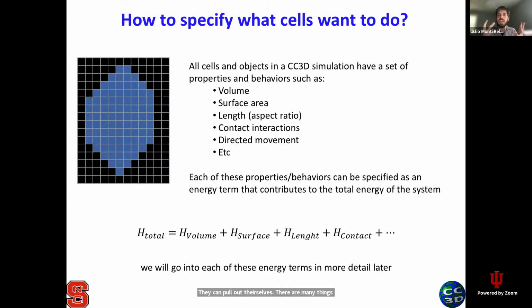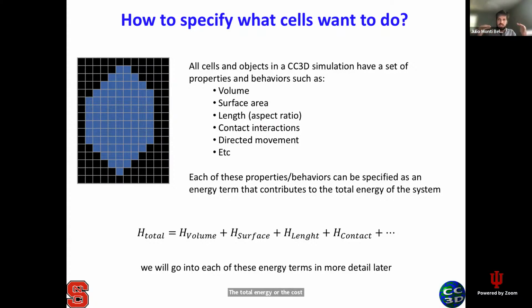And all of these behaviors that you want to add to your cells in your CompuCell3D model is done by different energy terms in what's called the total energy or the cost function of your system, okay?